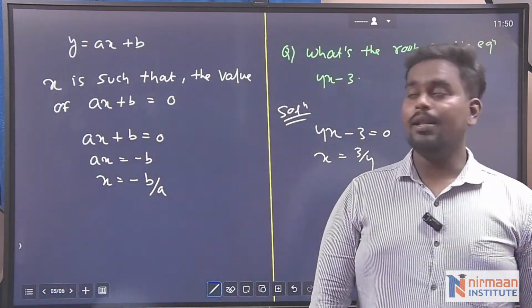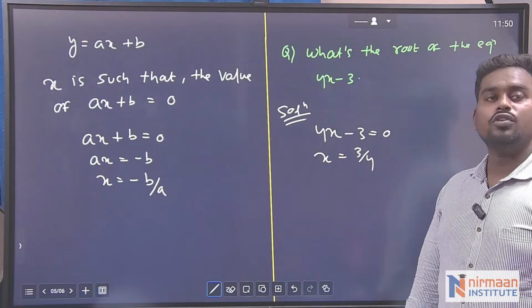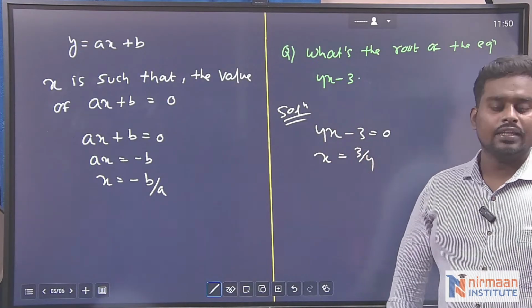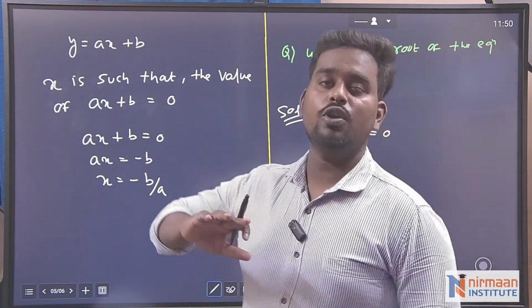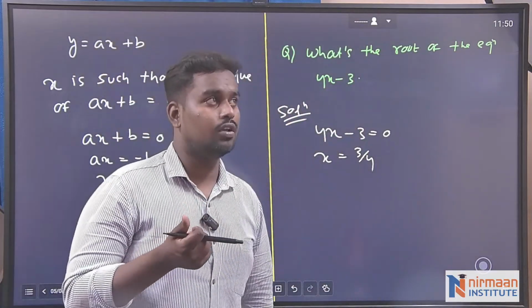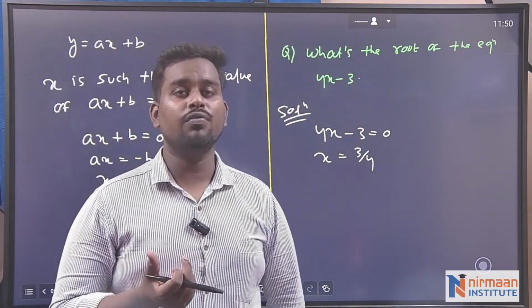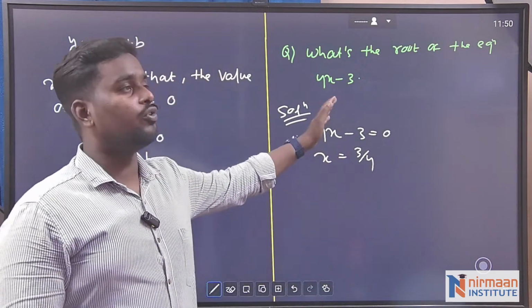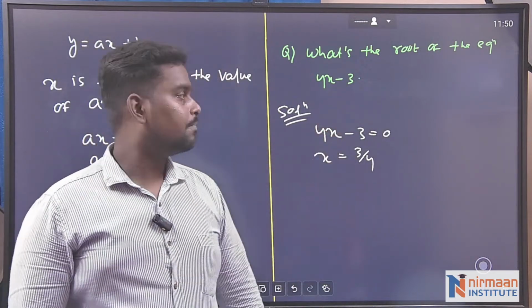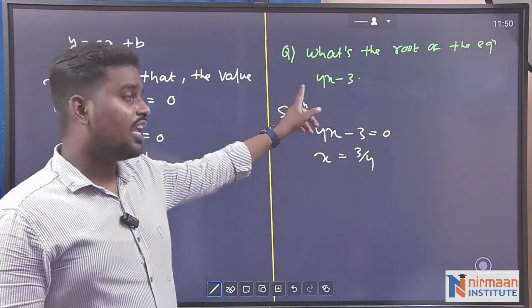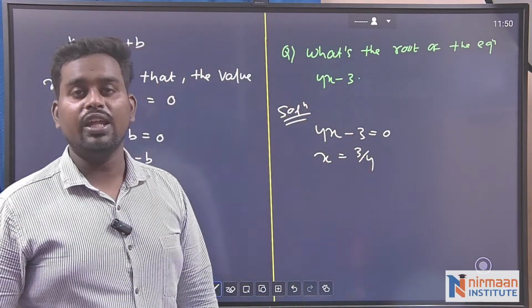So tell me, how many values of x are there such that the equation is 0? How many solutions? How many values of x can make it 0? Only one value is possible, right?